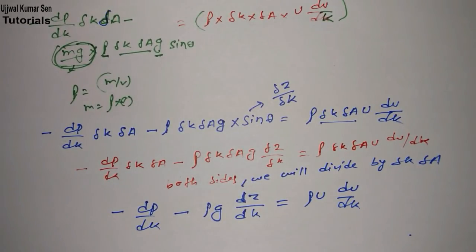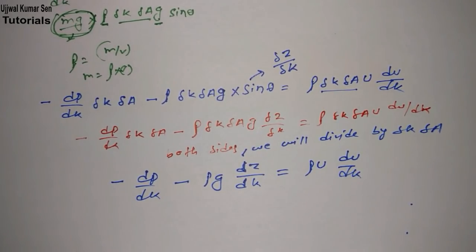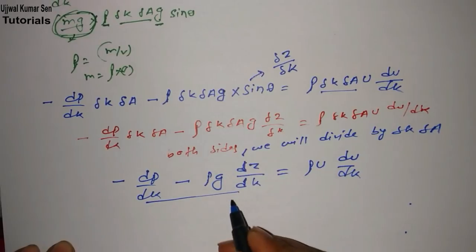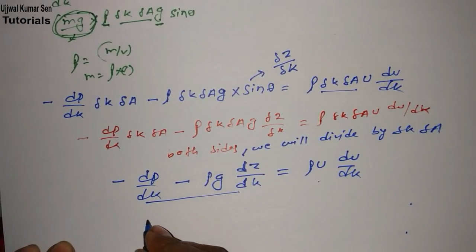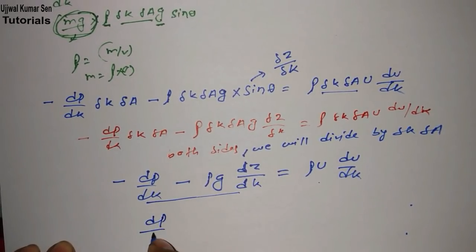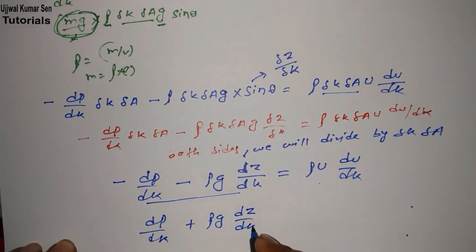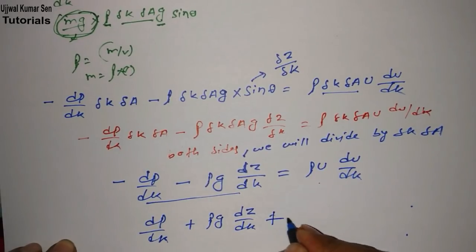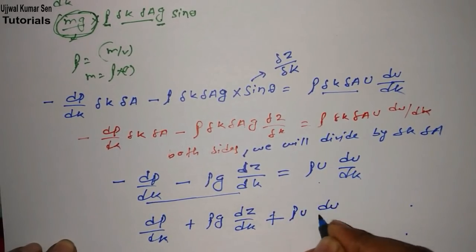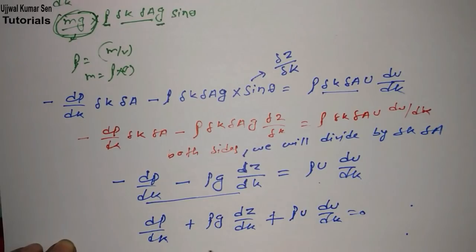Is this simple? This is really simple, right? Now we can send this term to the other side. So dp by dk plus rho g dz by dk plus rho u du by dk is equal to 0.